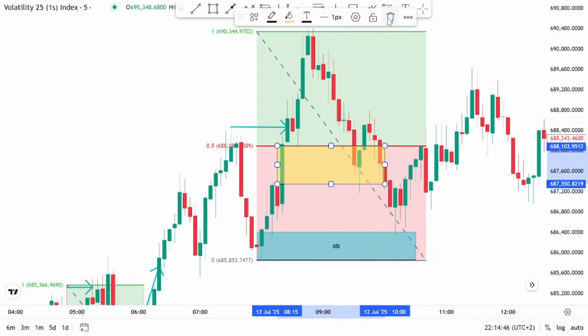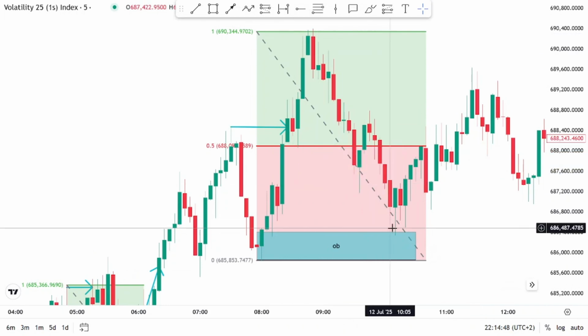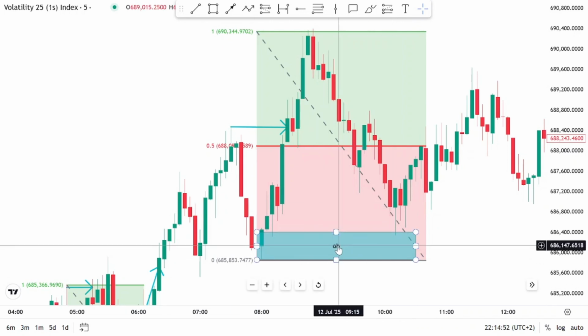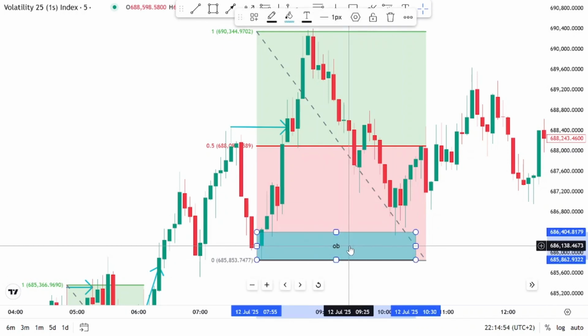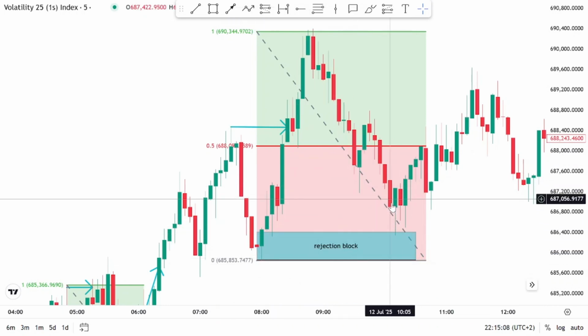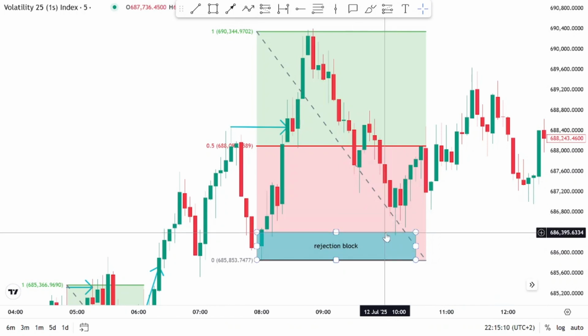So as you can see, no, this is a rejection block. It's a rejection block. So as you can see, price came and it touched our rejection block.